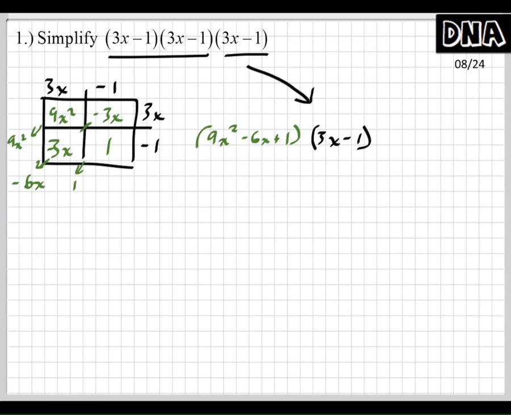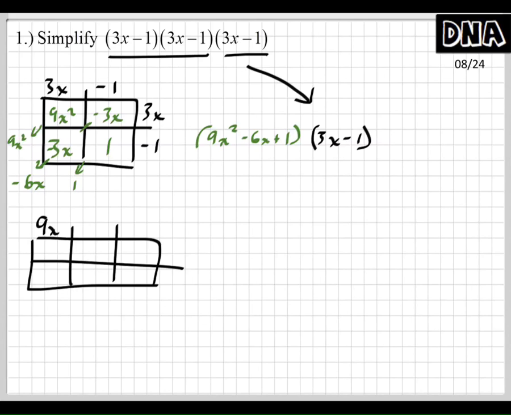So do another table to help us organize our work. I need a 3 by 2. So if I throw my numbers in here, I have 9x to the second minus 6x plus 1, and 3x minus 1. And then I do my multiplication. Alright, so Marco, what do we get here?